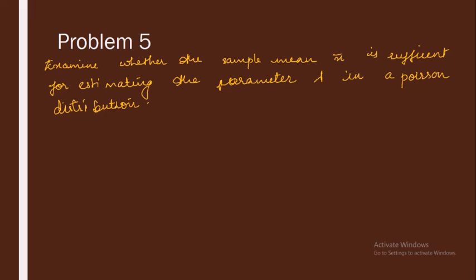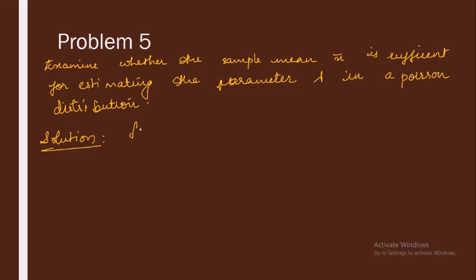Next problem: we have to examine whether the sample mean x bar is sufficient for estimating the parameter lambda in a Poisson distribution. So you are given a Poisson distribution and we are asked to find out whether the sample mean is sufficient for estimating the parameter lambda.